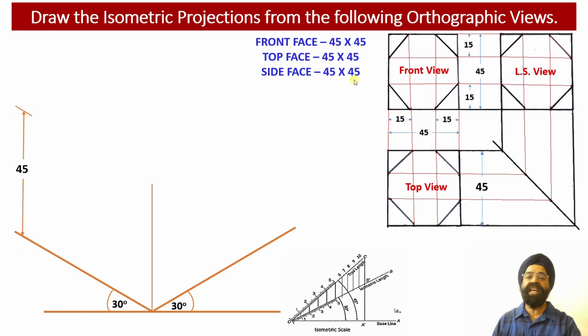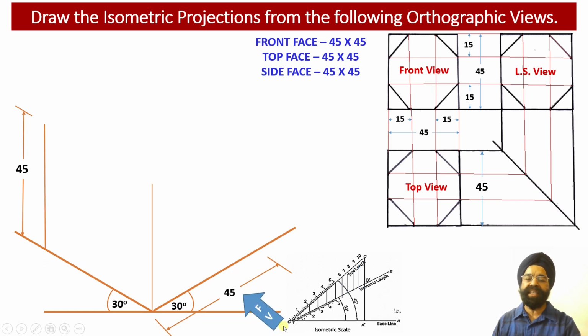So in this case we are going to obtain the projections of the outer boundary of the solid represented as a cube over here. Now we can check: the height of the object is equal to 45 millimeter. The length of the object we have marked alongside the z-axis equal to 45 millimeter.